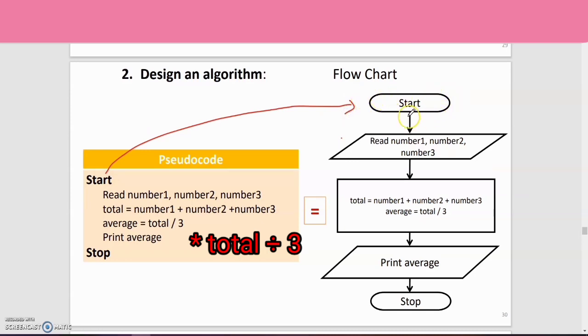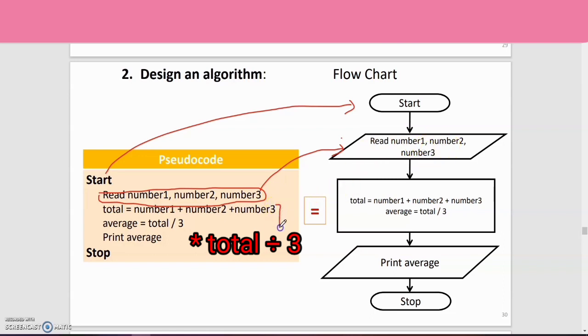So you draw the oval shape like this and write start. Second, for the input, here read number 1, number 2, number 3. So you just copy this and draw the symbol for input, the parallelogram, and write read number 1, number 2, number 3.